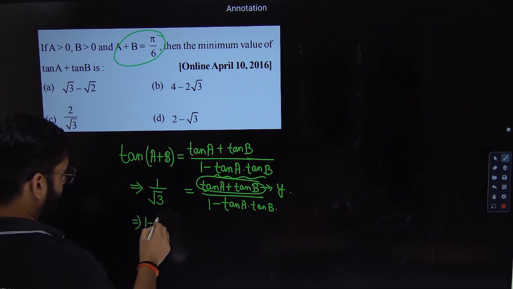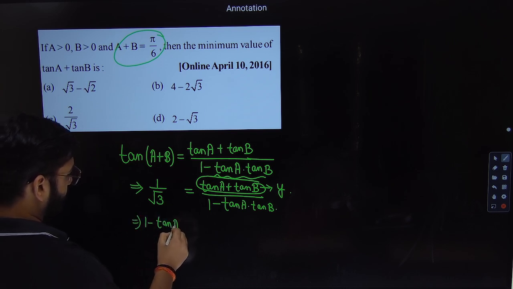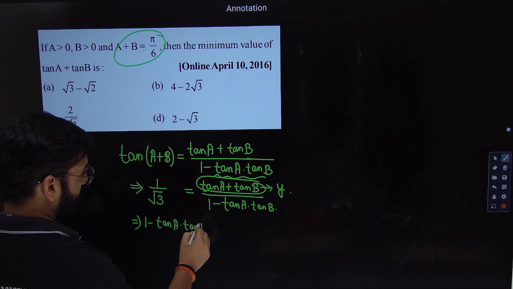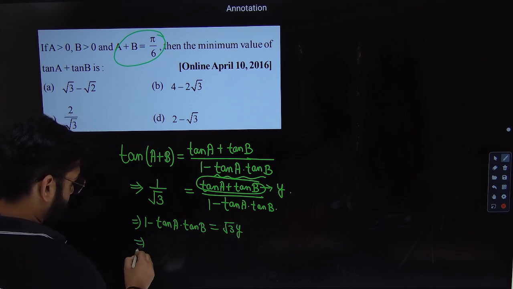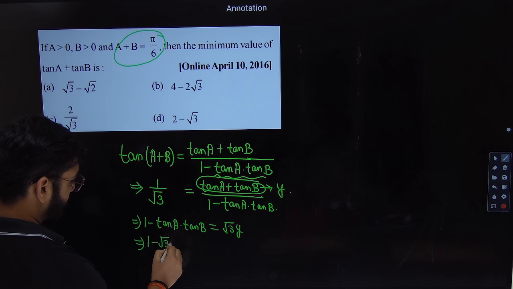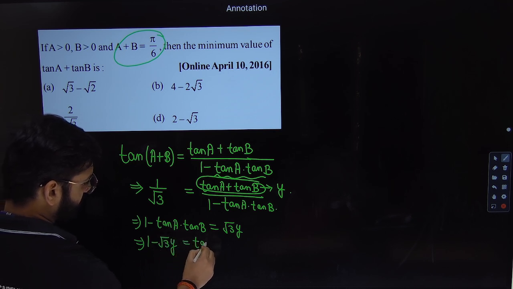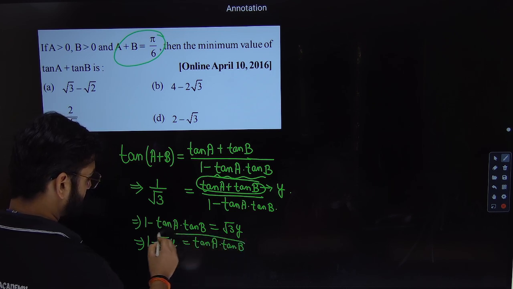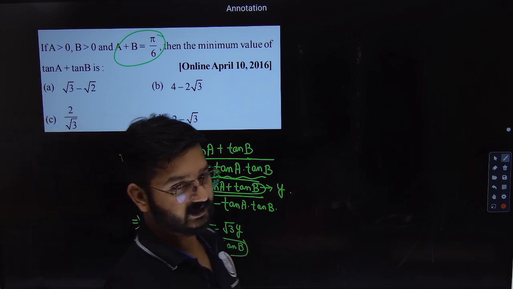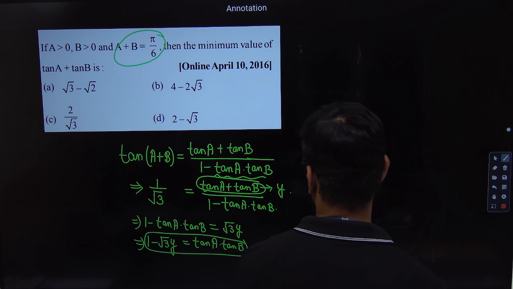So 1 minus tan A tan B equals root 3 y. So 1 minus root 3 y equals tan A into tan B. Whatever I need to find, I took that as y.